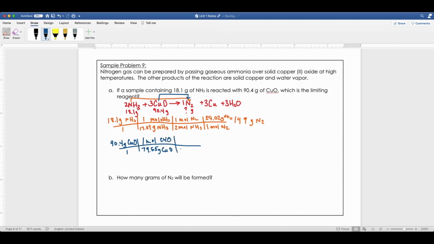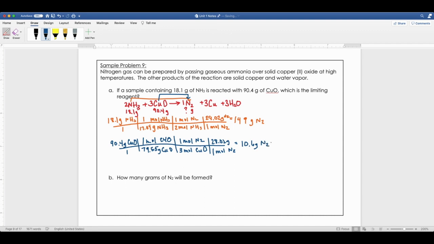Okay. Mole ratio, 3 moles of CuO produces 1 mole of nitrogen. And 1 mole of nitrogen has a mass of 28.02 grams. When you do that, you get 10.6.